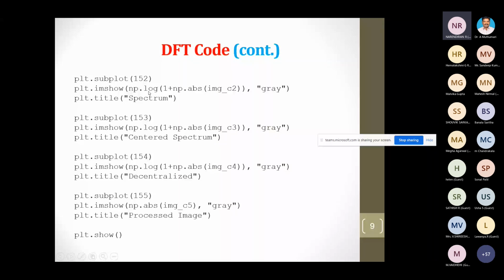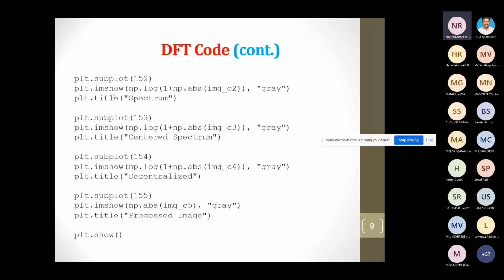Based on that I can display the spectrum, the centered spectrum, the decentered spectrum, and then the processed image. Processed image means we have converted from the frequency domain back to the intensity domain.